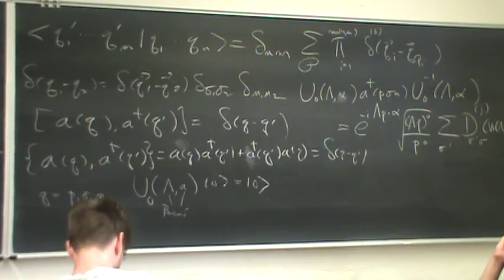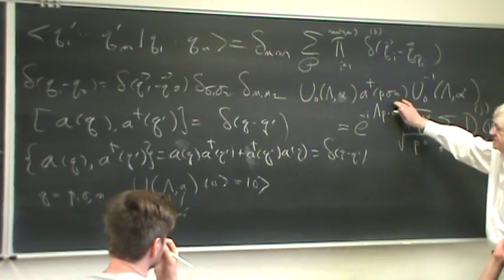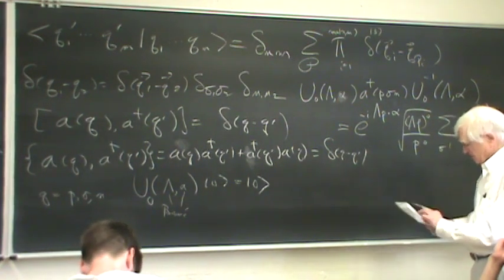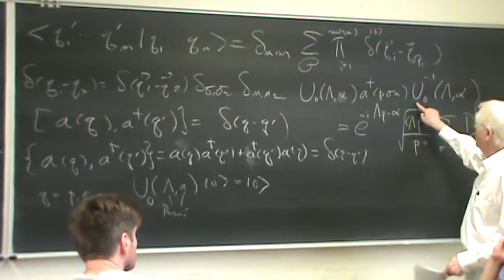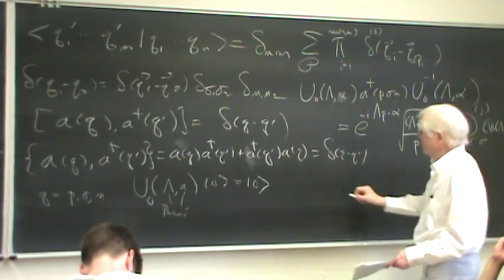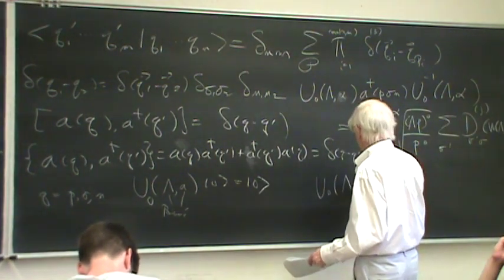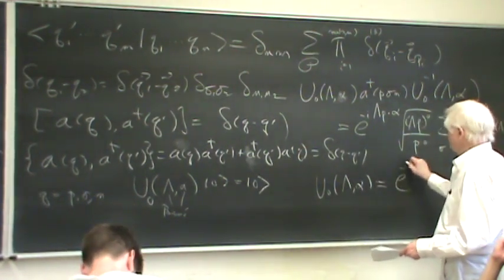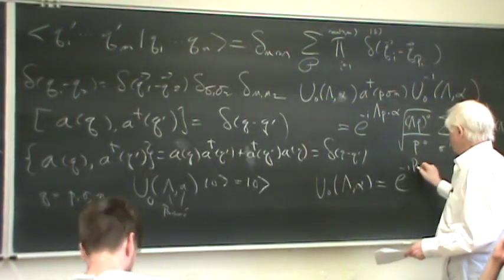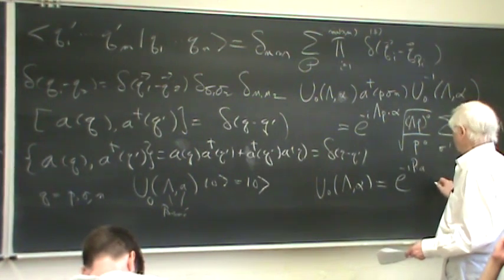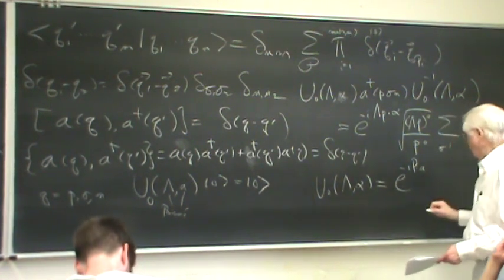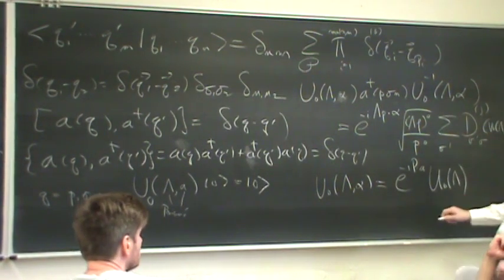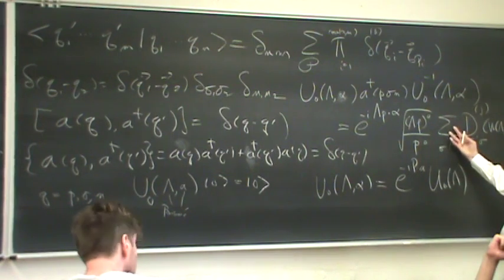Okay, so what Weinberg has, I skipped the statement here. So what is actually happening in this U0 of lambda and alpha is that we have e to the minus i p dot a, and then the Lorentz transformation, and I'll just write it as U0 of lambda. So first we do the Lorentz transformation.